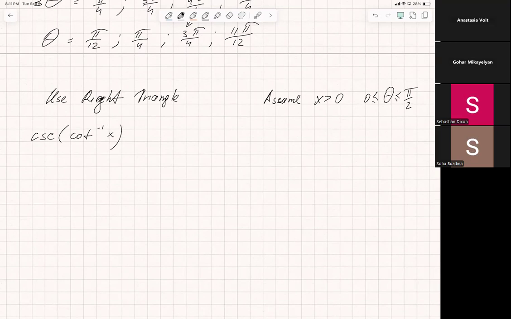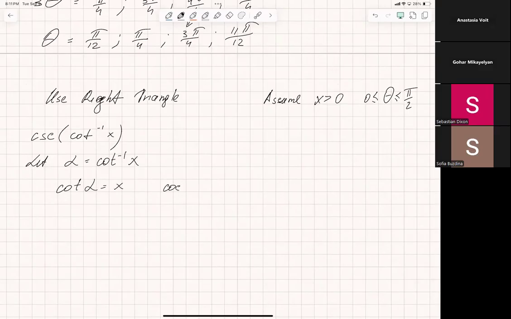If we're given something like this, we are okay. As we said in class, let alpha be cotangent inverse of x, then cotangent alpha equals x.